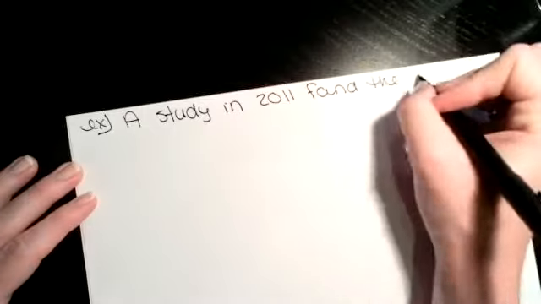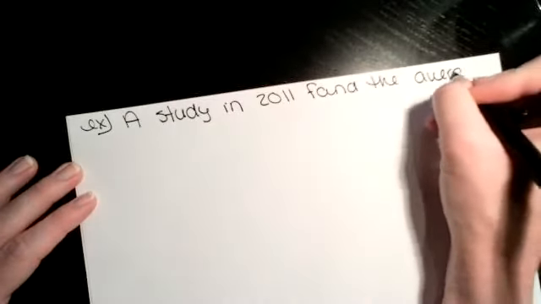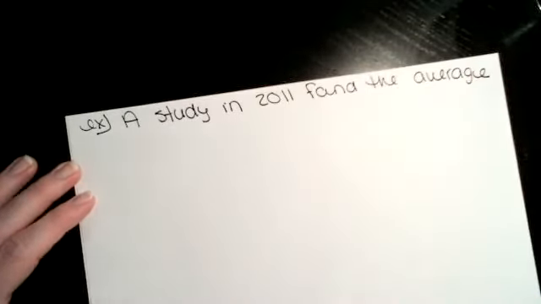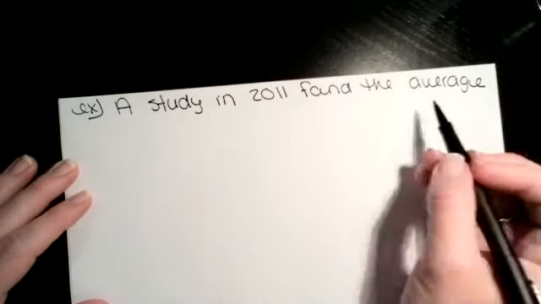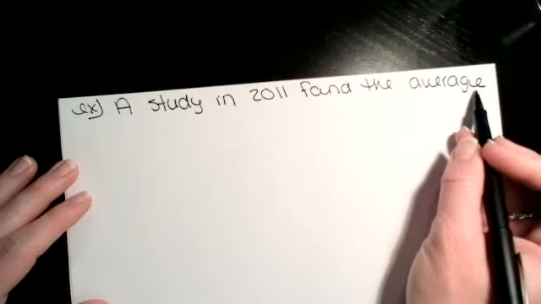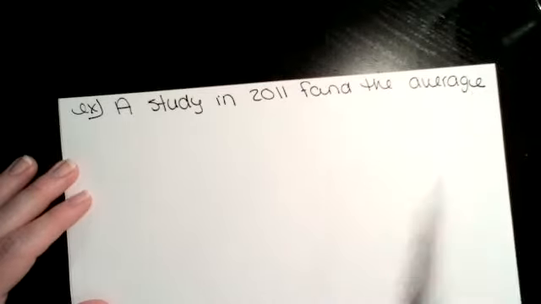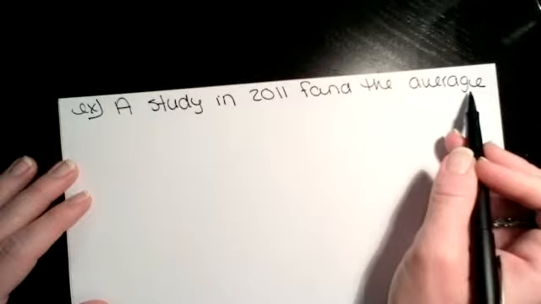found the average. Okay, right away, what type of data do you think this is? We have no context. Look what it says, average. Numerical? Numerical. I want you to think numerical when you see that word average. You don't even know what it's about yet, right? So I'm not gonna hold myself to numerical right away until I finish reading the problem, but I'm thinking right away when I see that word, numerical.